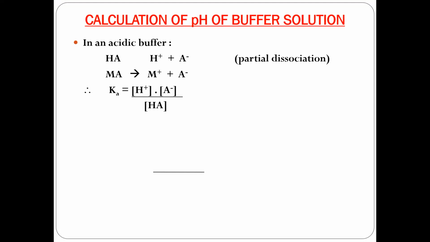Calculation of pH of a buffer solution. We are starting with an acid buffer and with a soluble salt, which dissociates with a single arrow, and I have written the Ka, the dissociation constant.